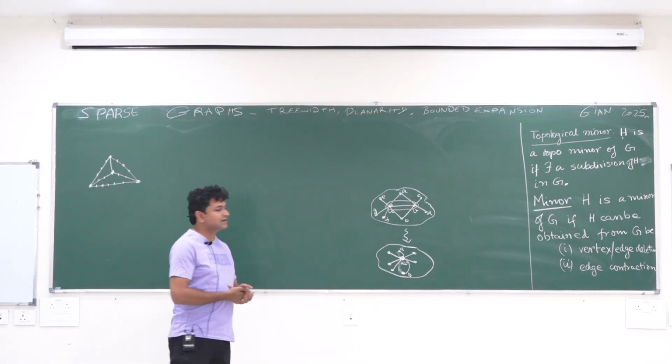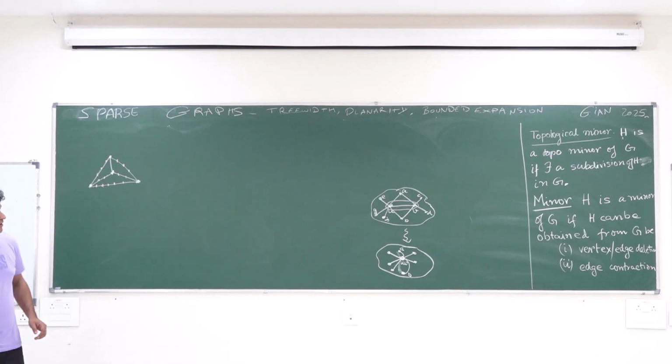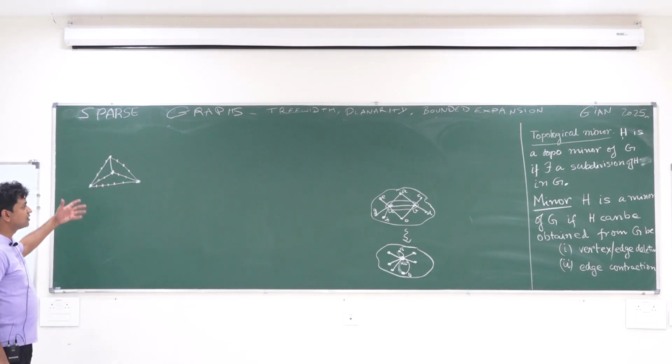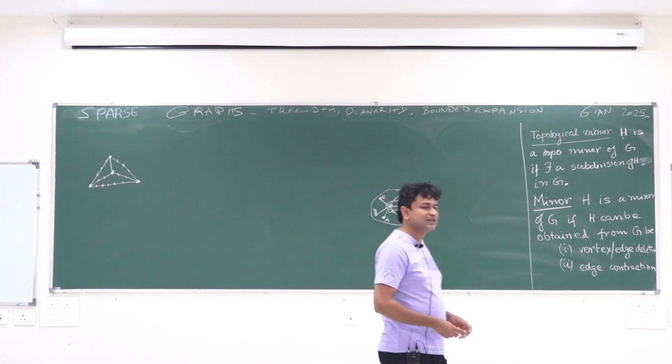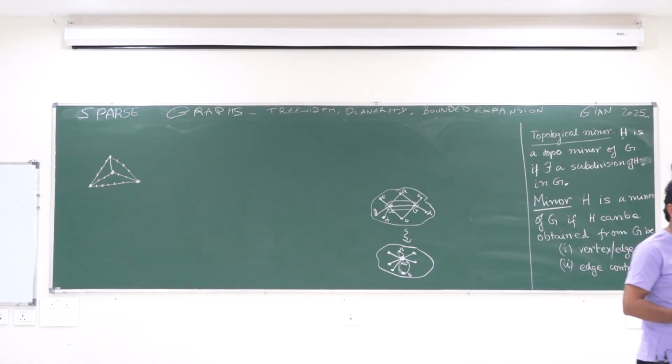Now, do you see that if H is a topological minor of G, then H is also a minor of G?